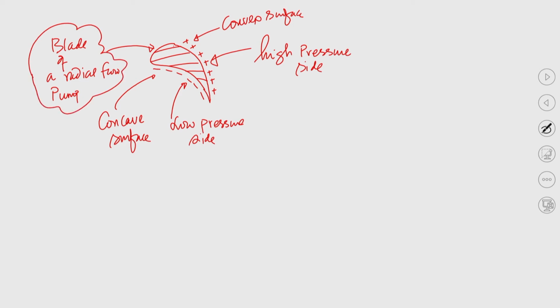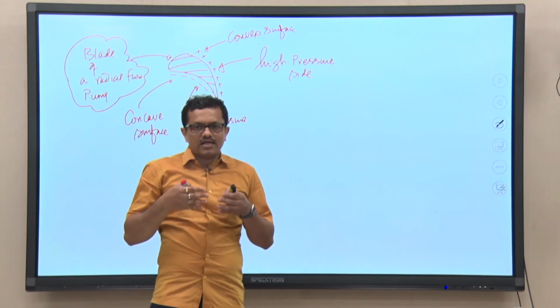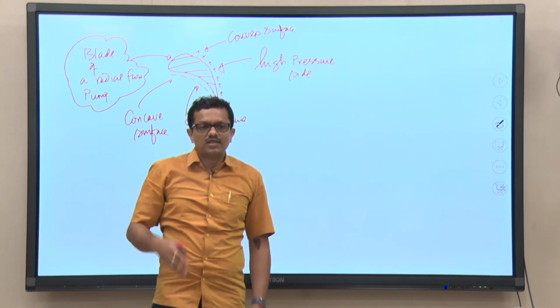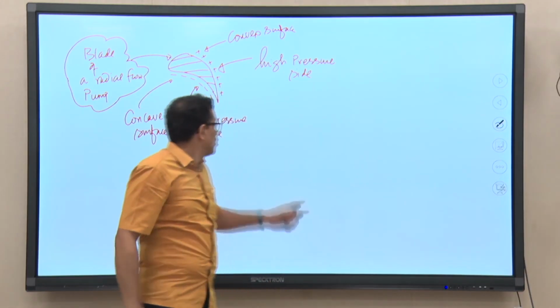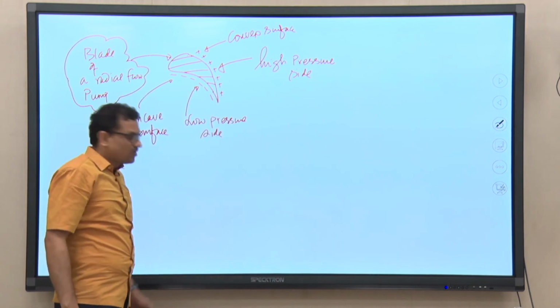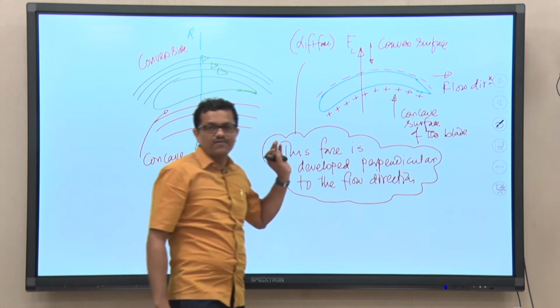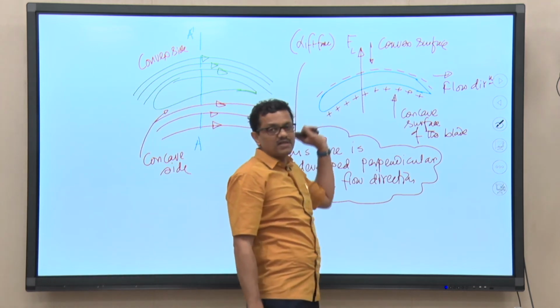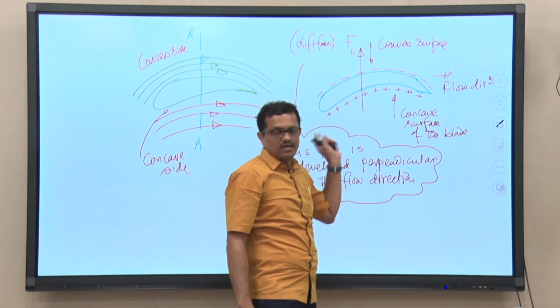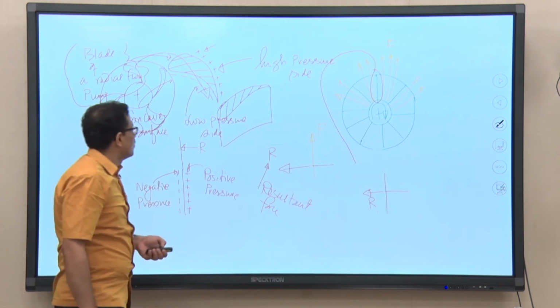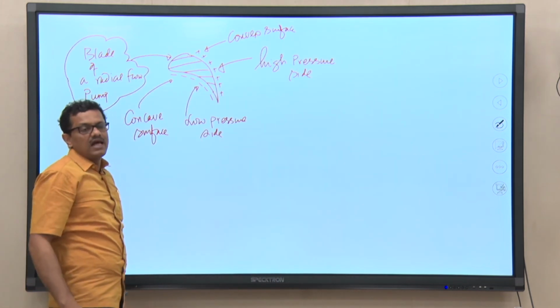Okay. So, because of this we have seen that there is a pressure difference, and now what will be the consequence of this pressure difference? We have seen that in the case of an isolated airfoil, due to the pressure difference a lift force is being generated, but in the case of a pump, what will be the consequence?